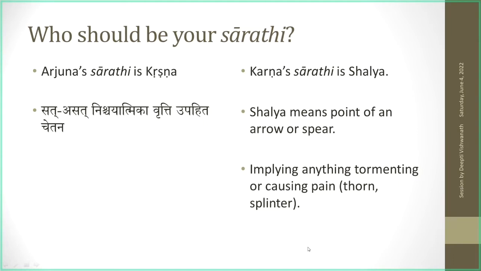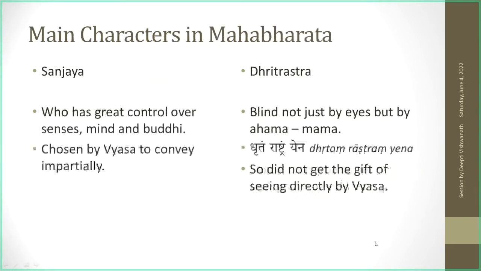Now, before we move further, just a few characters that are going to be common throughout the Gita and Mahabharata we see. Main character, of course, actually Dhritarashtra first, but let's start with Sanjaya. Sanjaya by word, Samjaya. I should have broken them up. Samjaya. Jaya, conqueror, conquered.